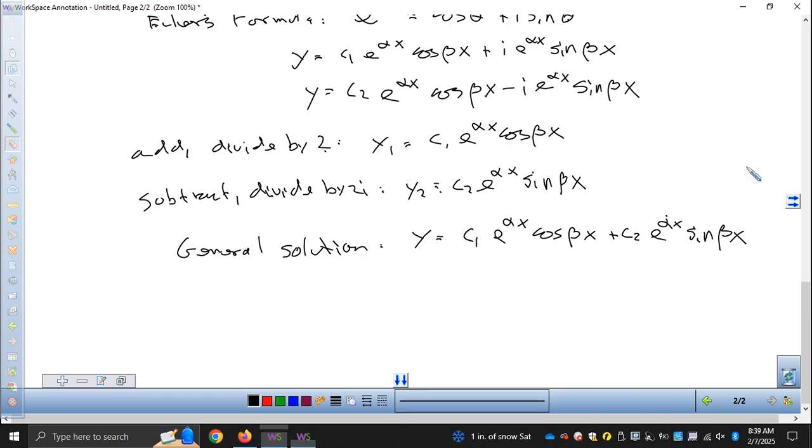And we know that we can combine exponential functions and get hyperbolic functions. So we get exponential functions, trig functions, and hyperbolic functions as solutions to these things.